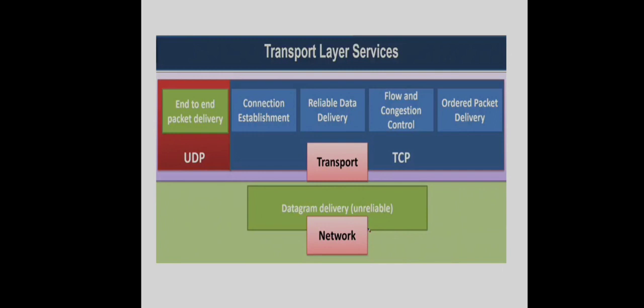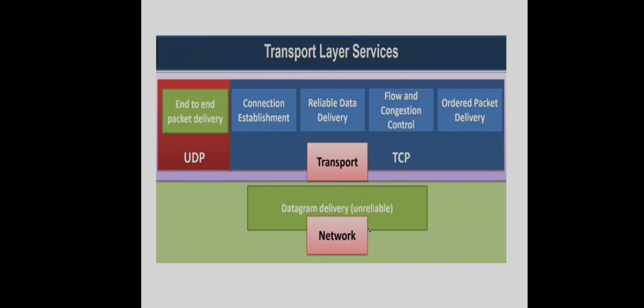In such cases, to ensure reliable in-order delivery of different packets to the destination, a lot of other functionalities are also done by the transport layer, which are connection establishment, reliable data delivery, flow and congestion control, and ordered packet delivery. So all these functionalities are also performed by the transport layer, and the corresponding protocols used in the internet are UDP for connectionless service and TCP for connection-oriented service.